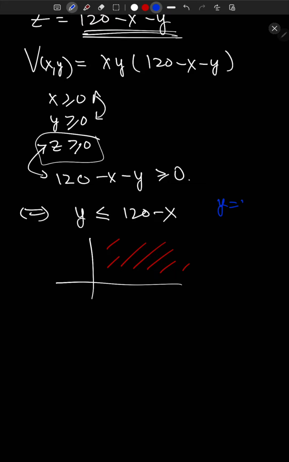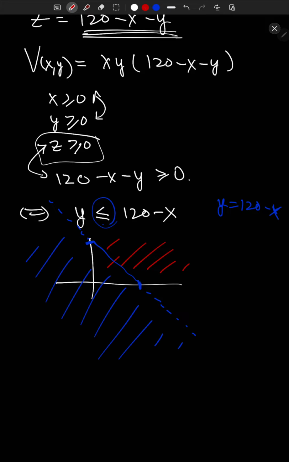Well, y equals 120 minus x is a line. When x is 0, y is 120. When y is 0, x is 120. So it's a line that goes from here to here, right? I need y less than or equal to that. And so the region of interest for this problem is everything in the first quadrant. So this line actually, sorry, I should extend it. This line looks like that. Y less than this is everything down here, right? But again, we said that we only wanted the first quadrant.